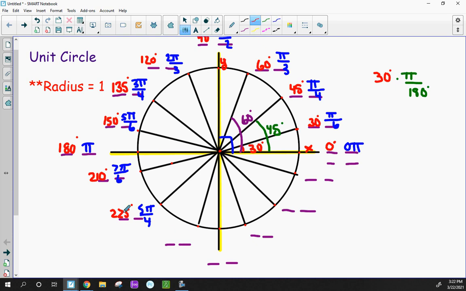Next, 225 plus 15 more is going to be 240 degrees. 240 degrees for this angle right here, and the radian measure for that is 4 pi over 3.